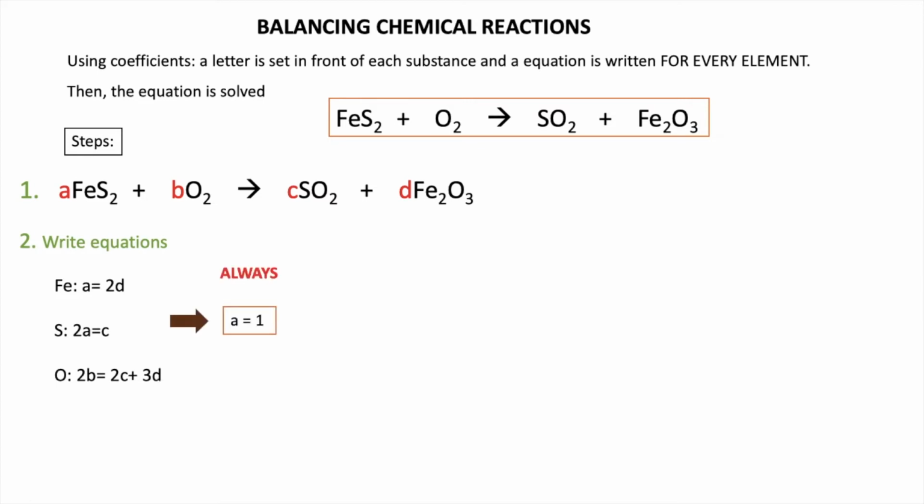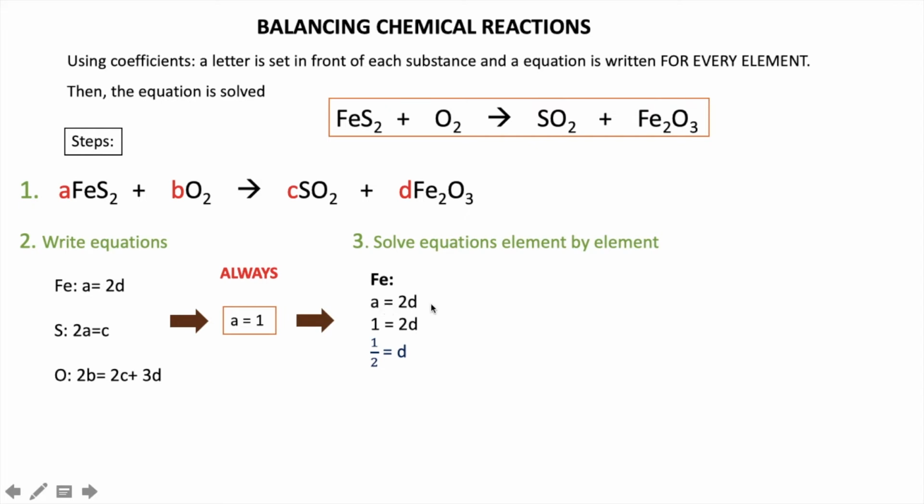Then, to solve this equation, we always need to give the value 1 to the letter A, and we start solving the equations element by element. So let's start with iron. We write again the equation: A is equal to 2D.